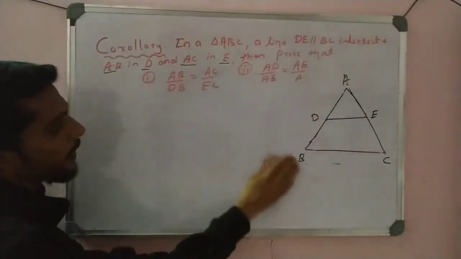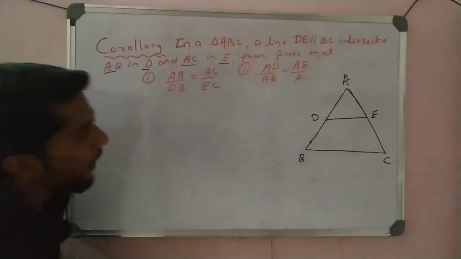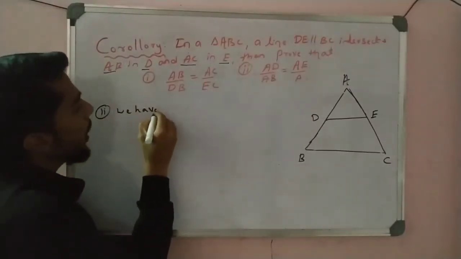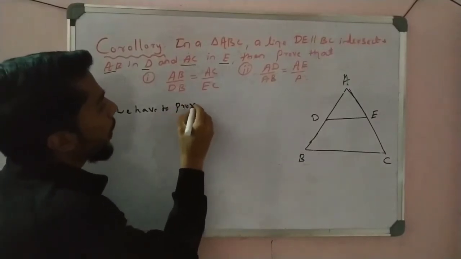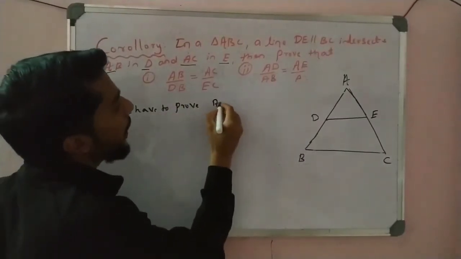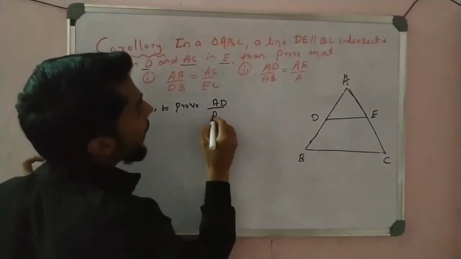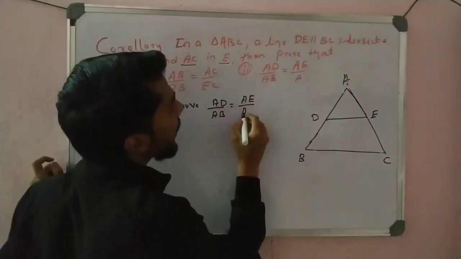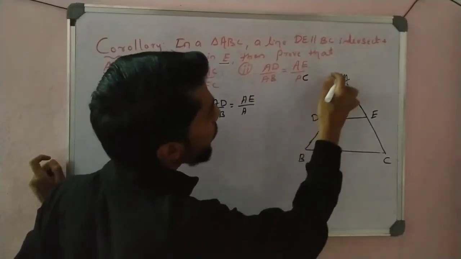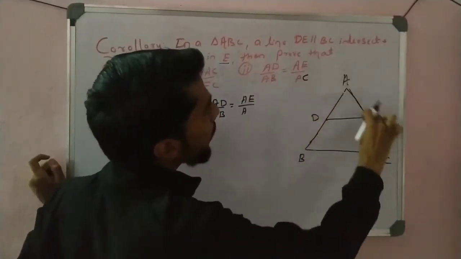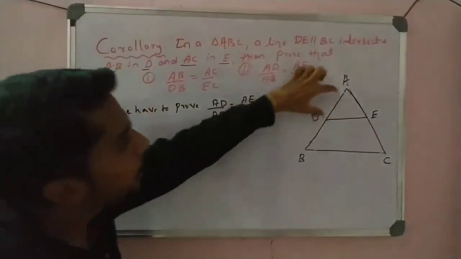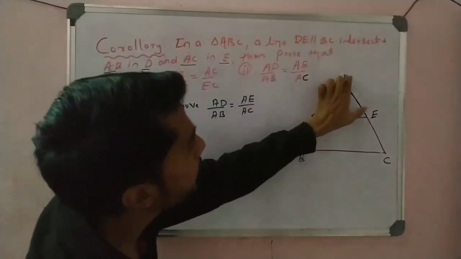Second, we have to prove AD by AB equals AE by AC. That is top side over full side.